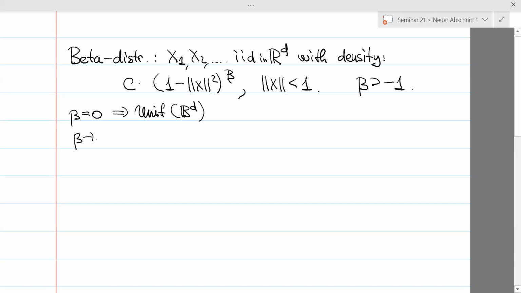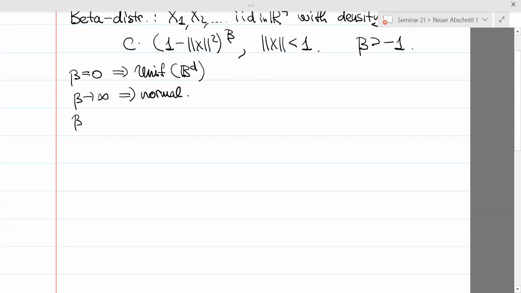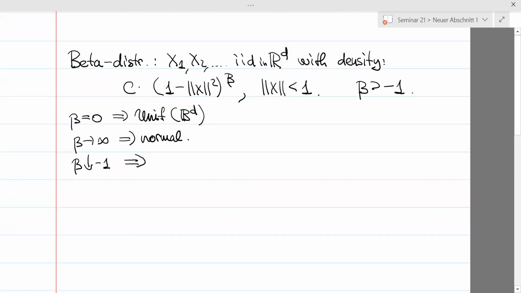If beta goes to infinity, then this density converges to the normal after normalization. In fact, all the results which I will state apply to the normal if we take beta to infinity. And finally, if beta goes to -1, what do you think happens to this distribution?